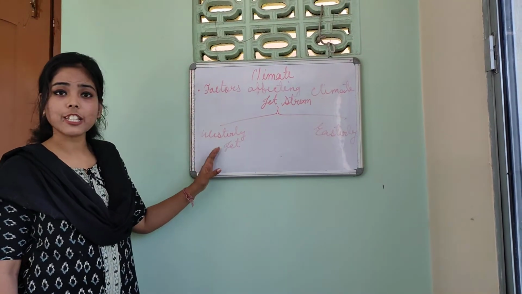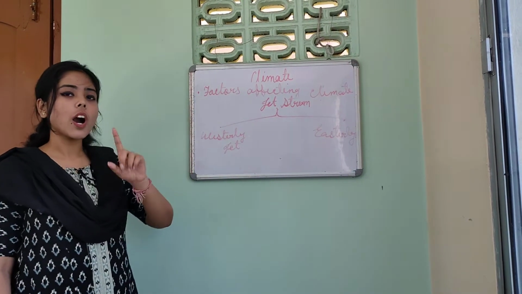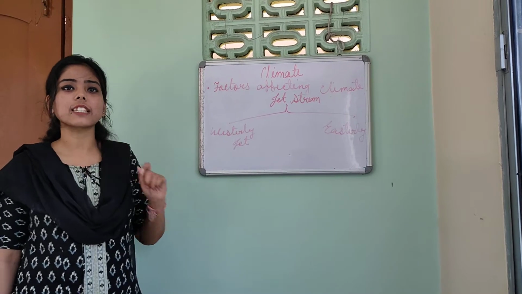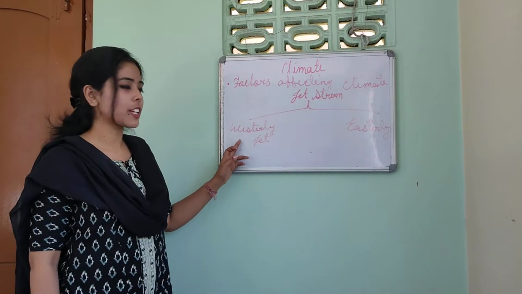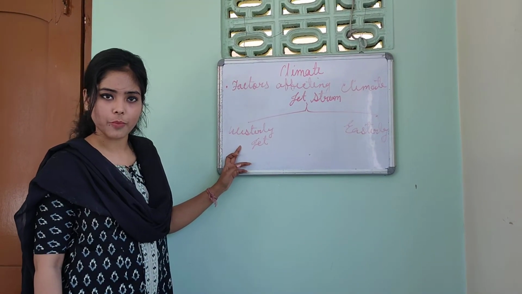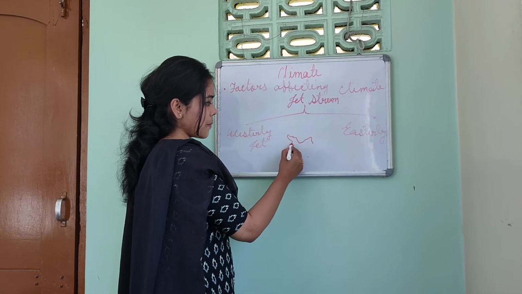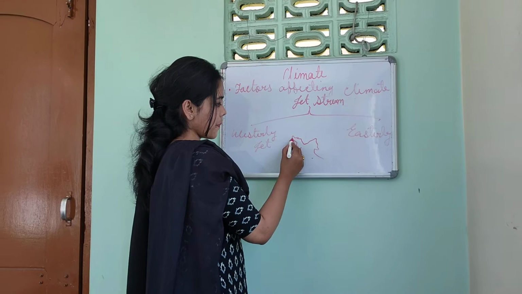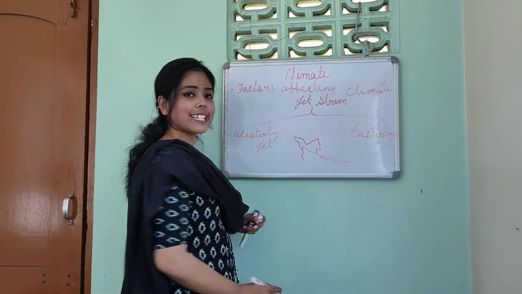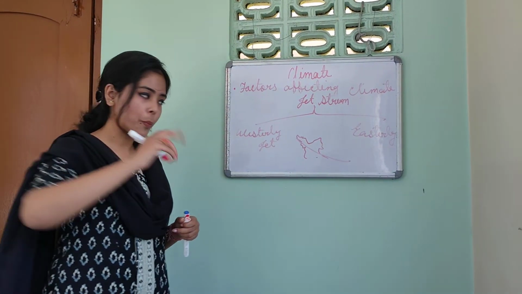When the westerly jet stream comes, you have heard the word western disturbances. That is because of the westerly jet stream. And in the northern part of our country, the Himalaya is situated. This is the Himalaya. And the westerly jet stream is bifurcated into two parts.